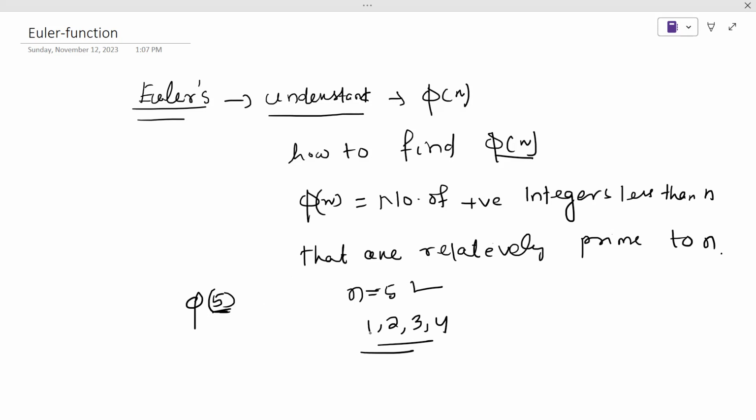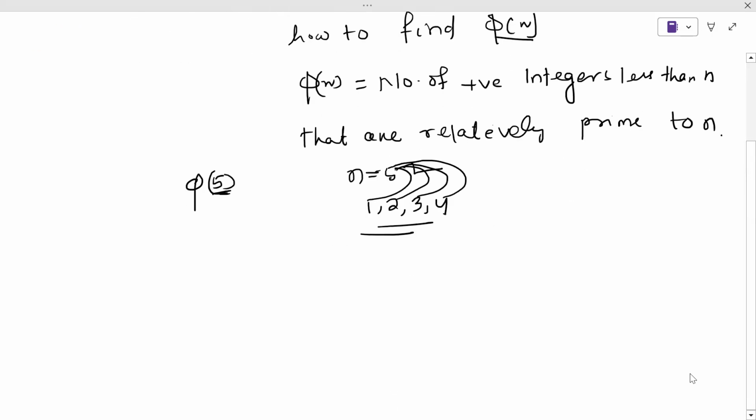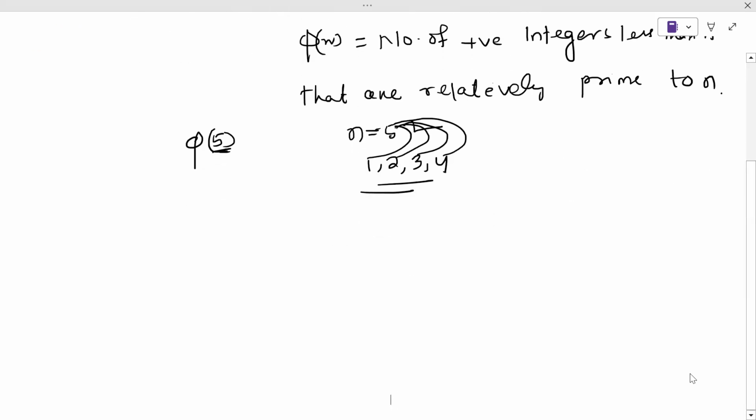So we compute the GCD of 1 and 5, GCD of 2 and 5, GCD of 3 and 5, GCD of 4 and 5, to find the numbers relatively prime to the given number.